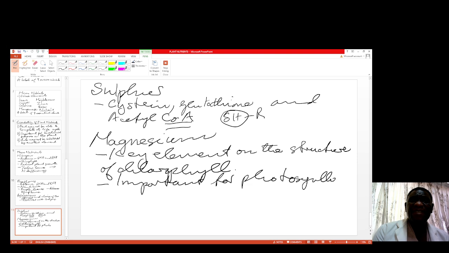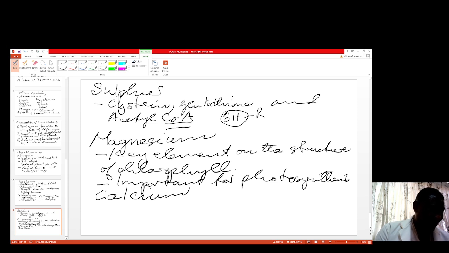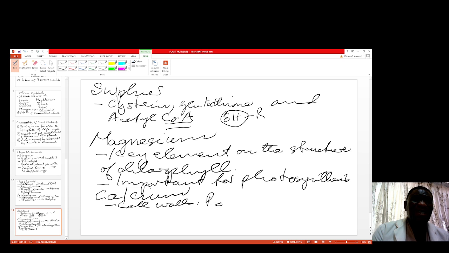Important for photosynthesis. Probably I could just fit in calcium. Calcium is important for cell walls. In groundnuts, it's required for pod formation.